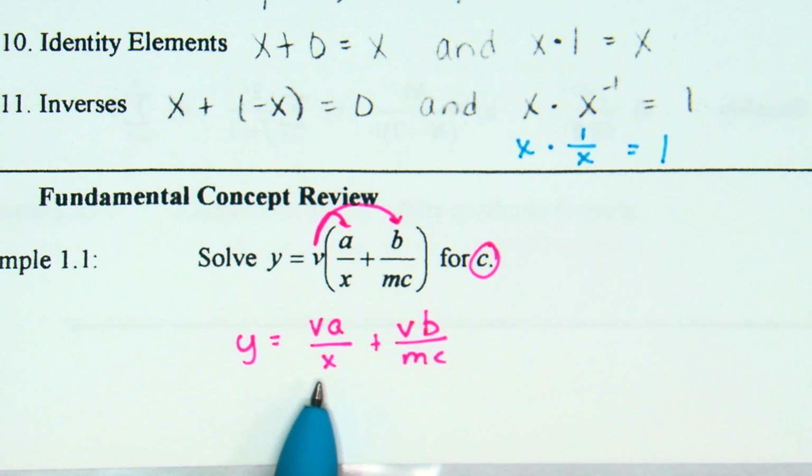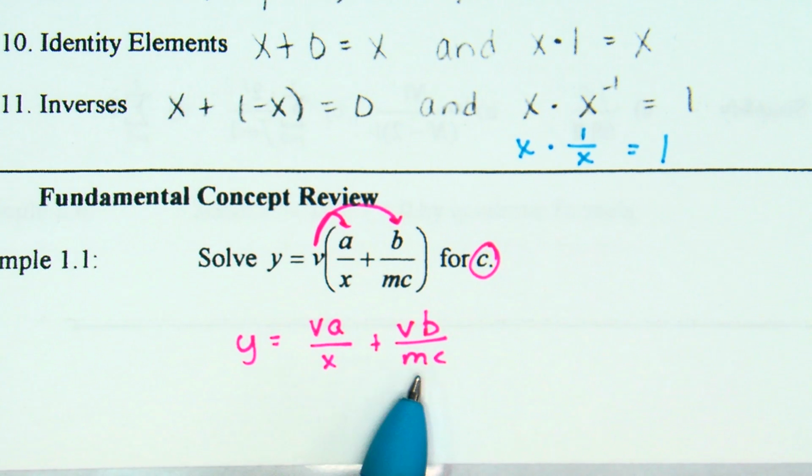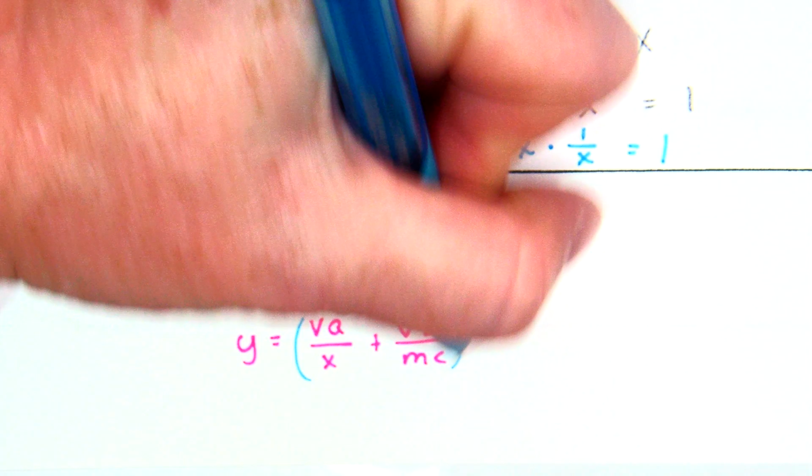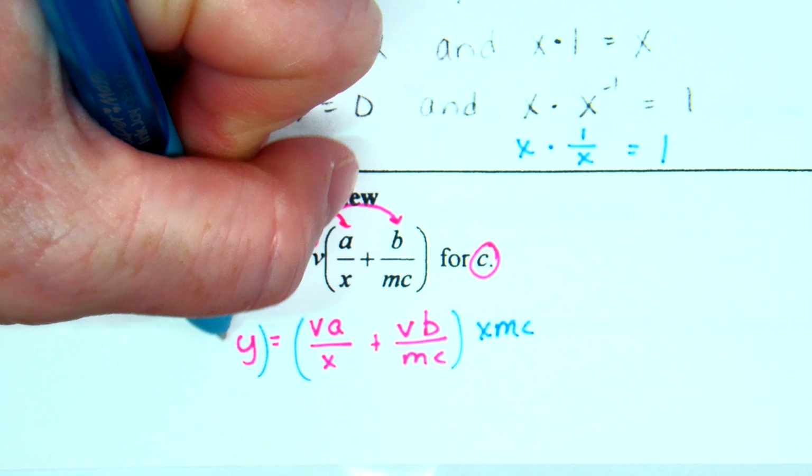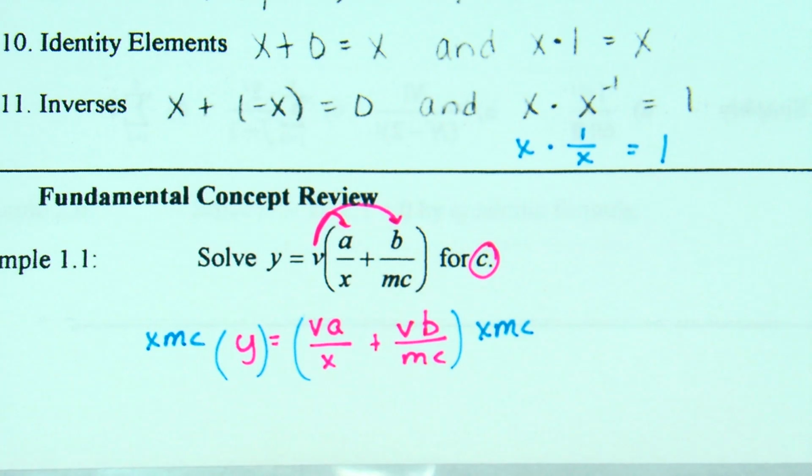There's an x, an mc, and the common denominator between x and mc is just going to be xmc. So one option here is to take both sides of this equation and multiply by xmc, or whatever you want to call that.